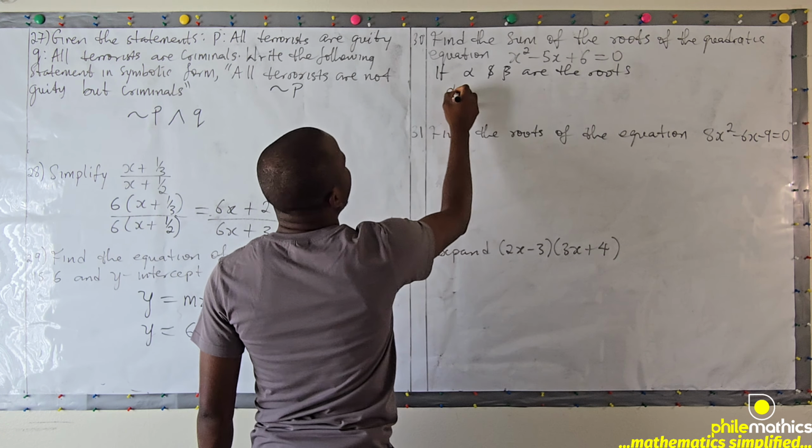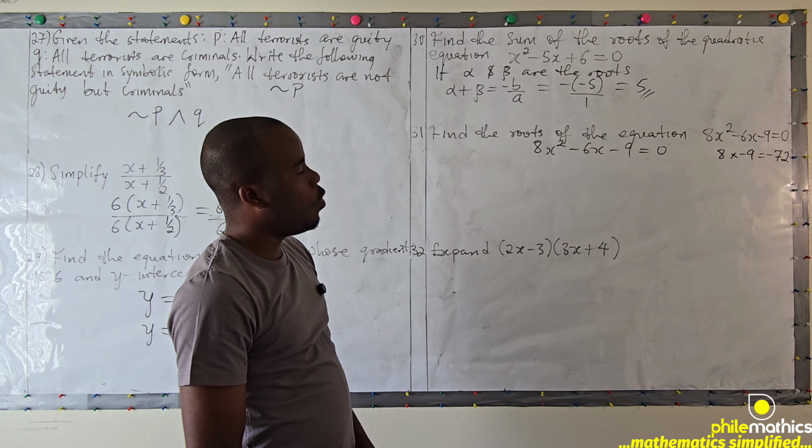Find the roots of the equation 8x squared minus 6x minus 9 equals 0. First of all, 8 times minus 9 is minus 72. What are two numbers such that when we multiply, we get minus 72, and when we add, we get minus 6? The two numbers that come to mind will likely be minus 12 and plus 6.